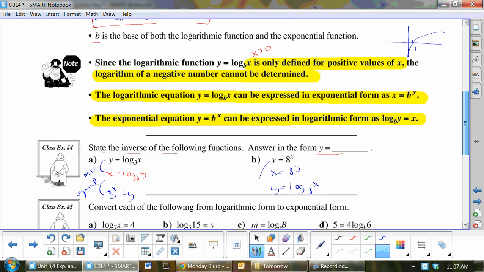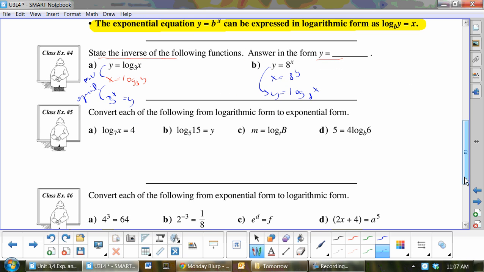So that's a quick way to get from here to here. That's more of just kind of memorized. There are two things we always have to know: switch those two, and then to get the equivalent from exponential to log, I've got to change it. If it is exponential, change to log. If it's log form, I've got to change to exponential.